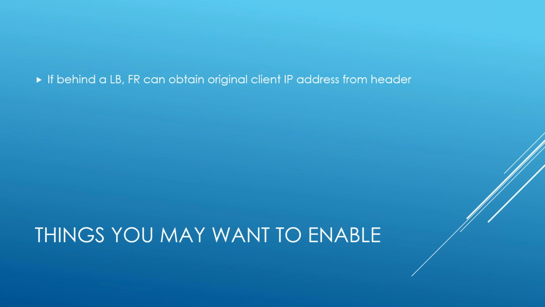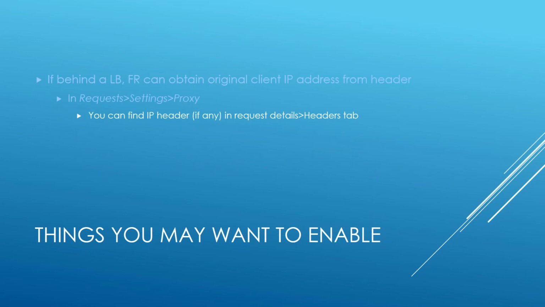If you're behind a load balancer, you may find that FusionReactor always shows the IP address of the load balancer. You can change that in request settings, proxy. You can point to what the header is, and it might be real IP or X-Forwarded-For, that sort of thing. You can find the headers just like I showed you when we looked at the request details. In the headers tab there would have been a display of what headers were passed in.